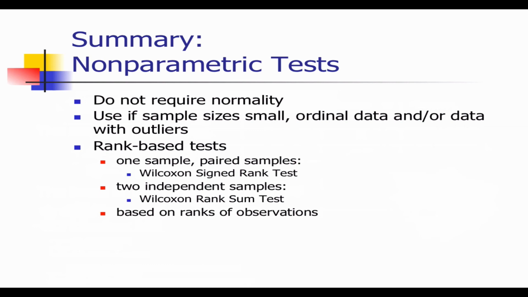Power means, if the alternative hypothesis is true, what is the probability that you'd reject your null hypothesis? So in other words, a parametric test or t-test gives you a higher probability of rejecting the null hypothesis if the alternative hypothesis is true.